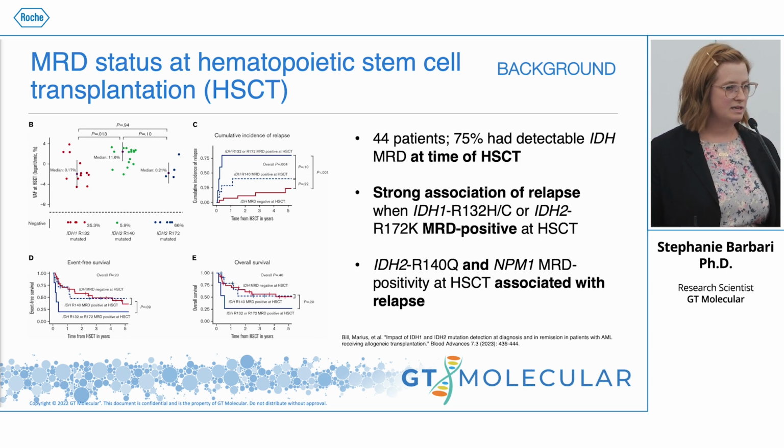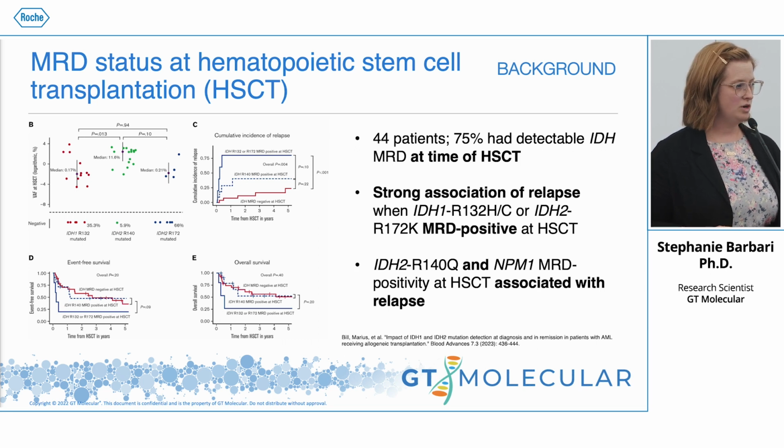What they found was that out of 44 patients who were IDH positive at the time of diagnosis, 75% still had a detectable IDH MRD at the time of transplantation. And there was a strong association of relapse with IDH1 R132 or IDH2 R172 positivity, not the case for IDH2 R140Q, which had less association with relapse.